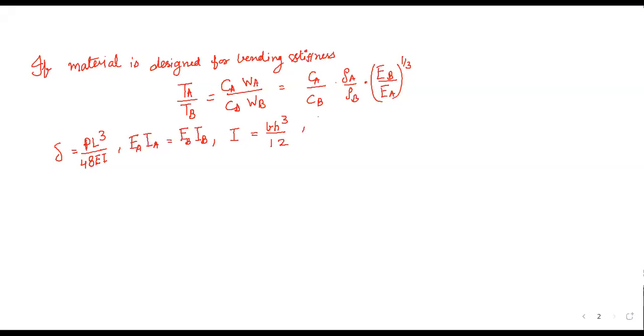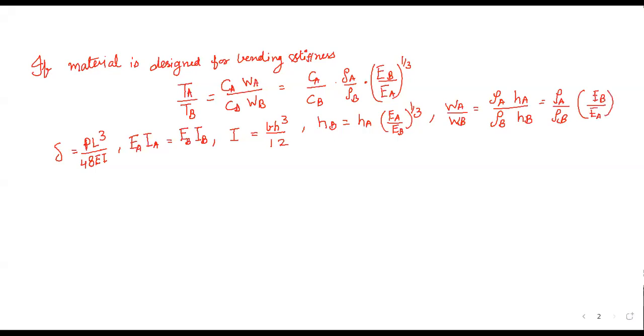Okay. And if you look from here, we can write that for material B, HB will be HA into EA over EB to the power 1 by 3. Therefore we can write weight A over weight B as nothing but sigma A HA over sigma B HB, which is nothing but sigma A over sigma B into EB over EA to the power 1 by 3.